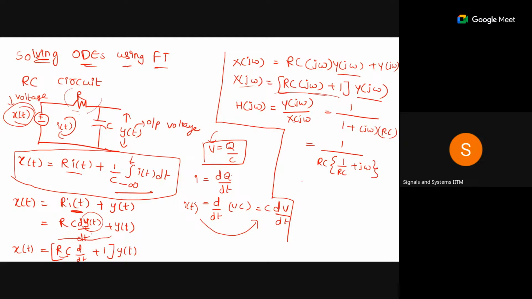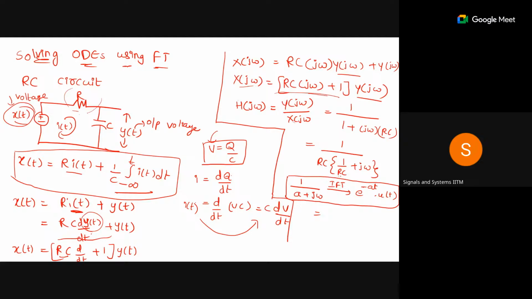There is one formula: 1 by a plus j omega, its inverse Fourier transform is e power minus at u of t.